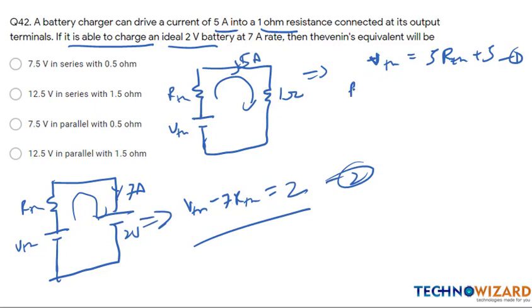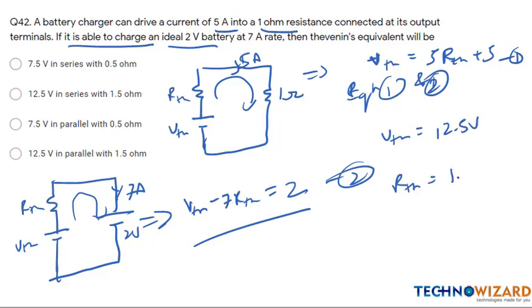Now on solving equations 1 and 2 by substitution method, you will get VTH is equal to 12.5 volt and RTH is equal to 1.5 ohm. Therefore option B is the correct answer here.